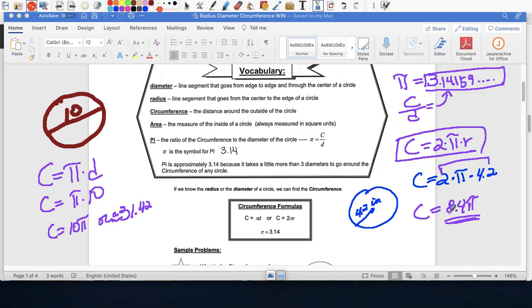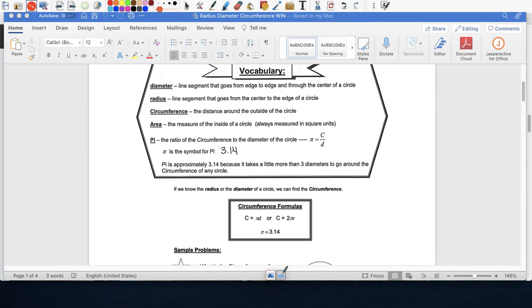So the answer would be 8.4 pi inches, or take the calculator, type in 8.4 and multiply by pi, and we get 26.39 rounded. Okay, so those are the two formulas we were talking about.